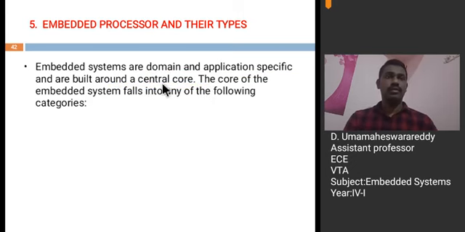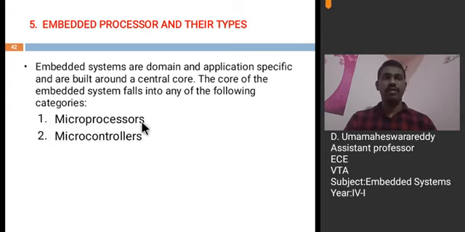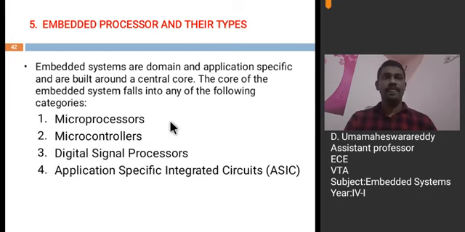The core of the embedded systems falls into the following categories. These are all the embedded processors we are using for application development. The first one is microprocessor, second one microcontroller, next digital signal processor, next application specific IC, ASIC, next complex programmable logic devices, CPLDs, next field programmable gate arrays, FPGAs.